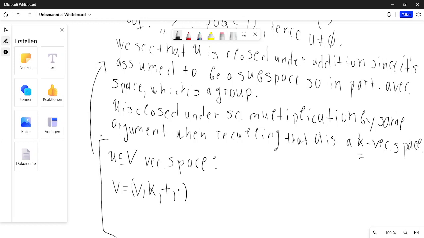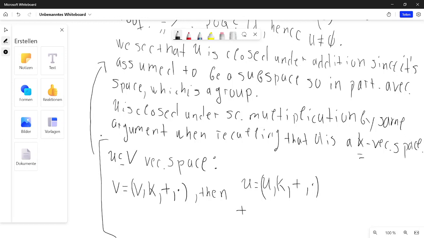We take exactly the operations from V for U, which means U equals (U, K, plus, dot). So we take the same field. We take plus and dot, and they are not yet defined because they have to be defined on U. But I said they have to be the same as on V. What does that mean? Well, that means the following.